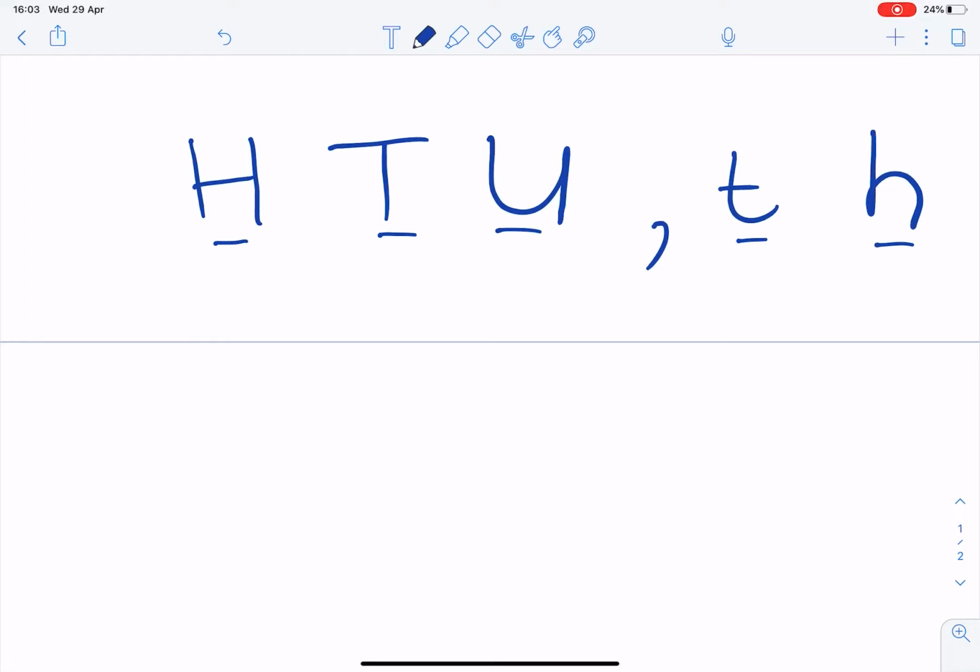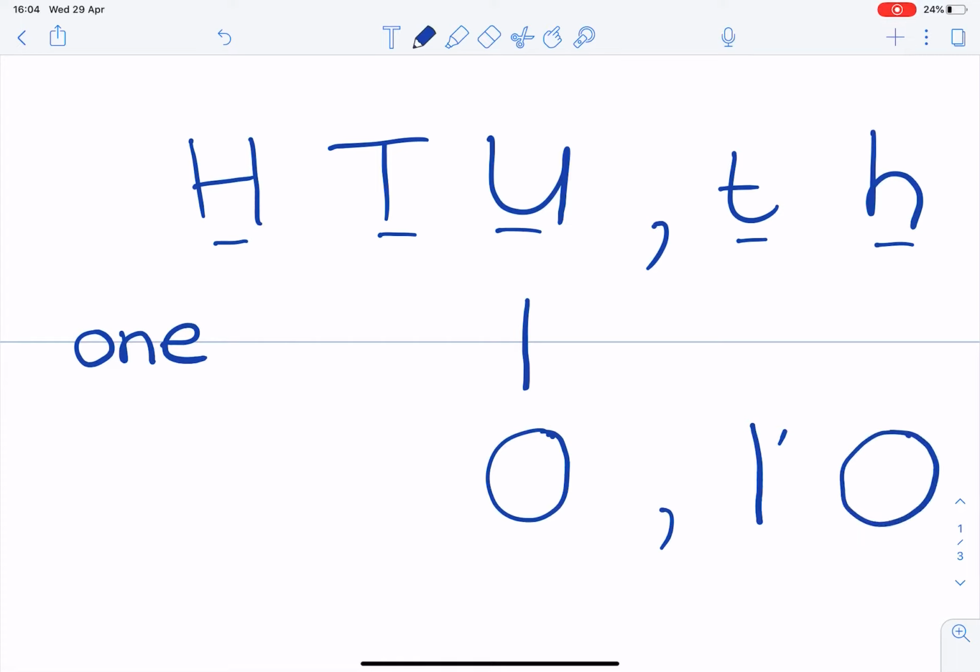So let's have a look at the number 1. If I place the number 1 there in the units column, it is just 1 whole. If I place the 1 in the tenths column, and remember, we put zeros in the other columns, that 1 is in the tenths column, so it is 1/10.